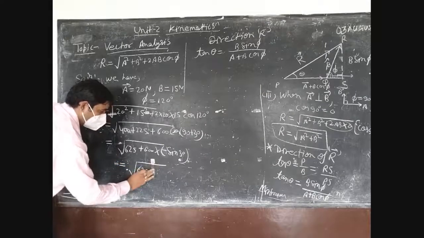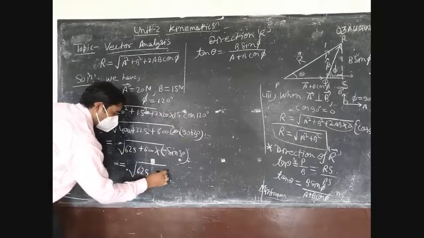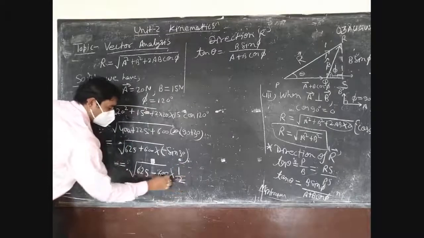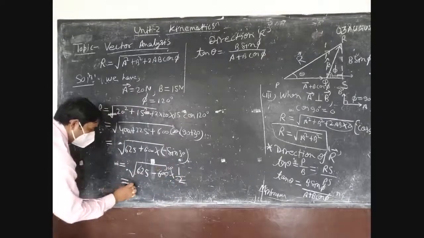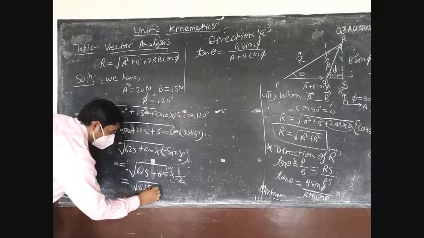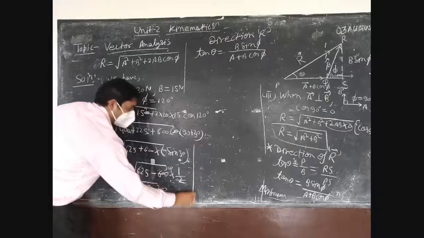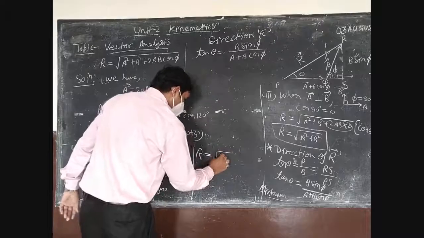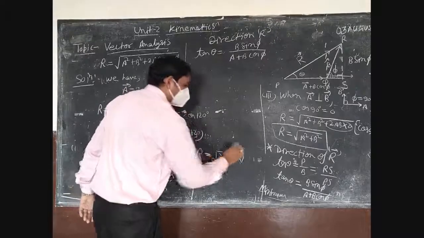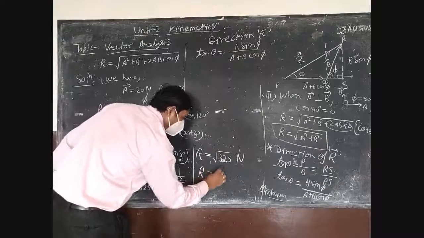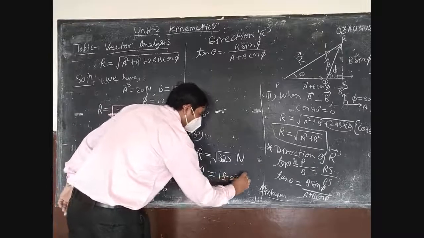625 plus, minus, 600 into the value of sin 30, which is 1 upon 2. This cancels, leaving 300. You will get 625 minus 300. Therefore, the resultant value of this force is square root of 325 Newton. Square of 18 is 324, so this resultant is equal to approximately 18.02 Newton.